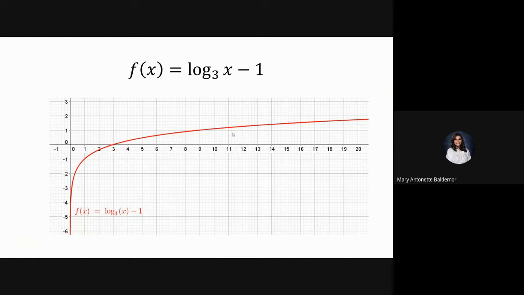It intercepts the x-axis at 3, and the graph is asymptotic to the y-axis.